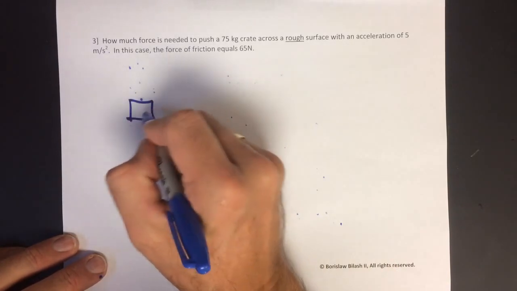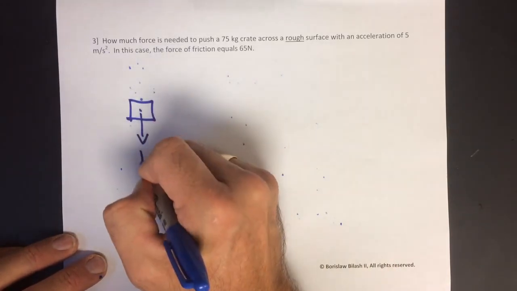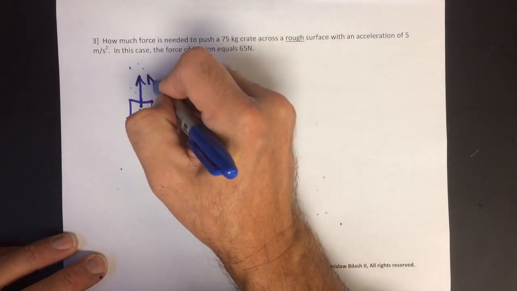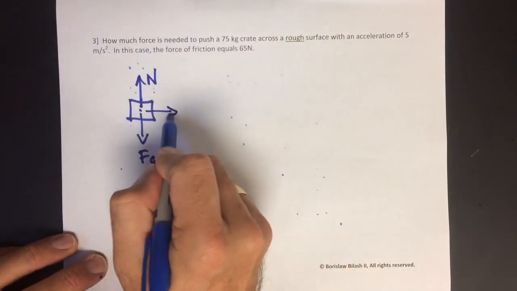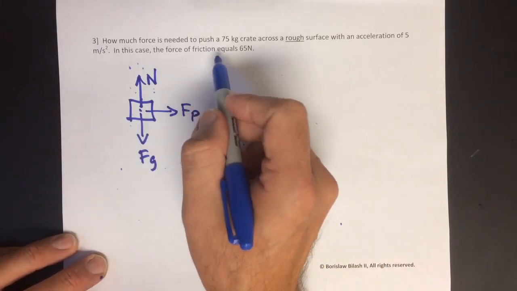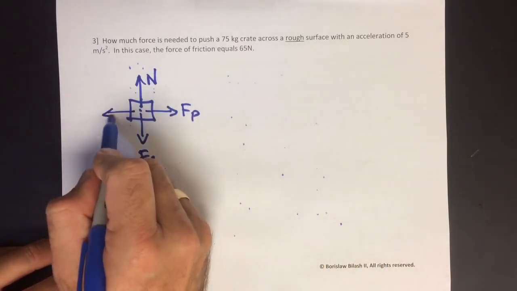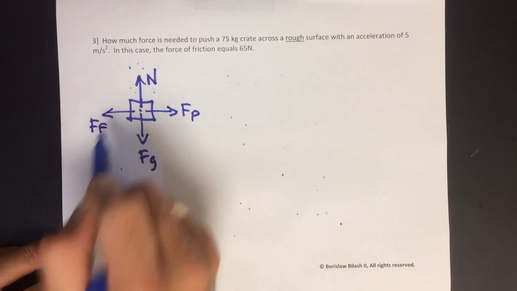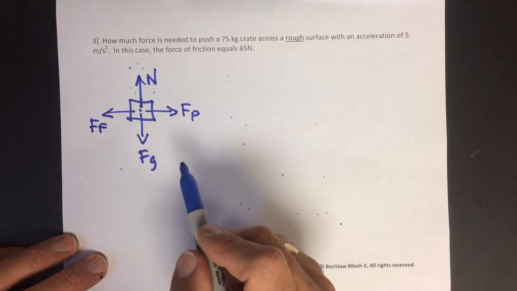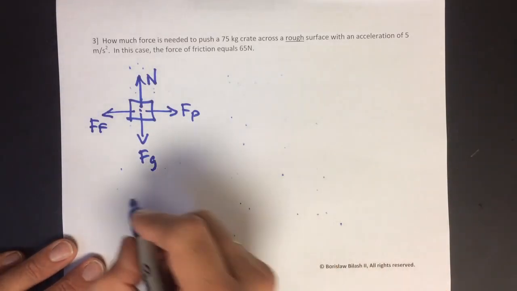So the free body diagram, we have the force of gravity down. We have a normal force going up. We're pushing to the right. And friction opposes the motion, so it's acting in the opposite direction, force of friction, like that.